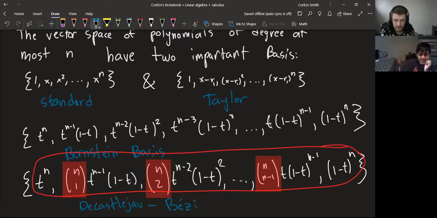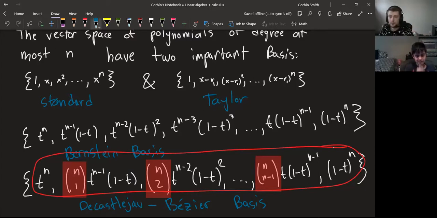Did you just make that name up? Nope. The de Castelnau-Bézier basis. And this is used a lot in computer graphics. It's just a Pascal space in a special condition. With a special condition, you're right. But that special condition lets us do a lot of very interesting things, which is why it deserves its own name. But regardless, this is a basis.